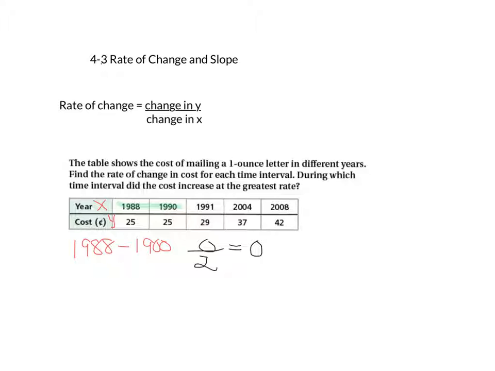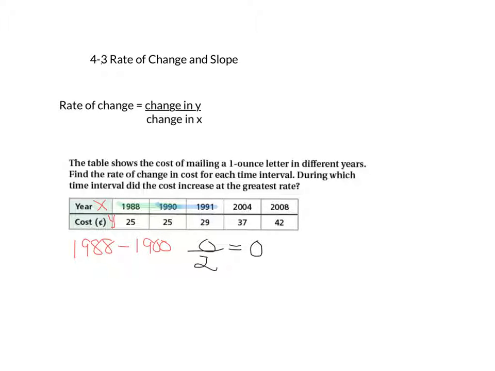If it was 2 divided by 0, it would be undefined. Okay, so I'm going to look at my next interval now. I'll highlight that one in blue. So the 1990 has to be shared with the 1991. So we're looking at two numbers at a time, but we have to make sure to include 1990 again.